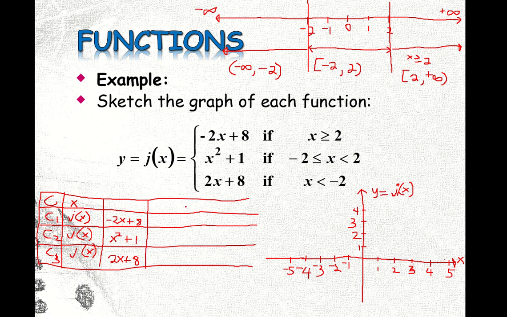Okay, so if we assume values for x, let's look at the intervals here. We have negative infinity, negative 2. So we can start, say, with x equal to minus 5.